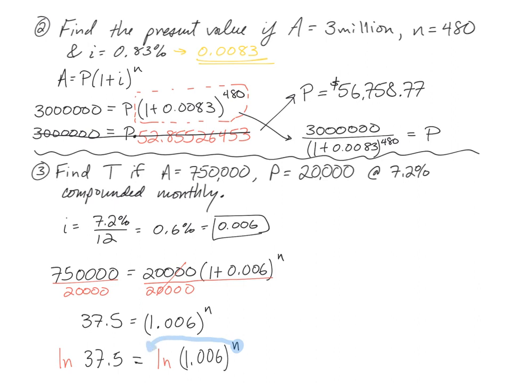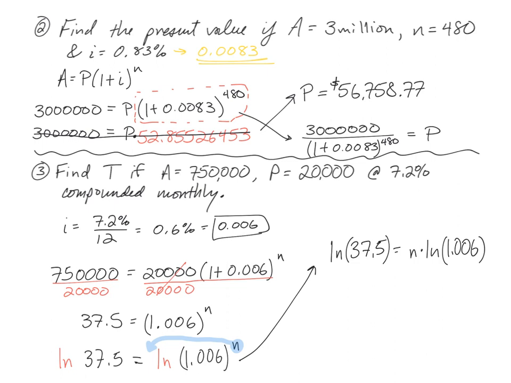And yeah, you'll be able to use this process every single time. So that means we will have here the natural log of 37.5 equals n times the natural log of 1.006.